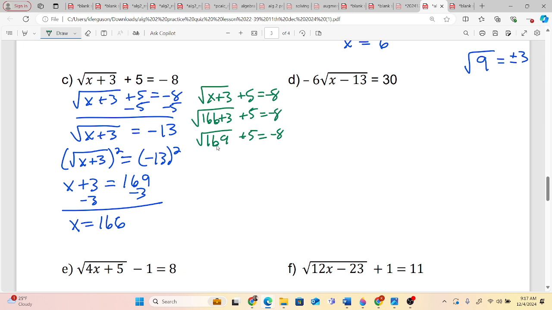So the square root of 169, it would be positive and negative 13. But because we're working with variables, we're only going to stick with the positive side. So that's going to be 13. So 13 plus 5 equals negative 8. No, it doesn't, because 13 plus 5 is 18. 18 doesn't equal negative 8, so this is no solution.